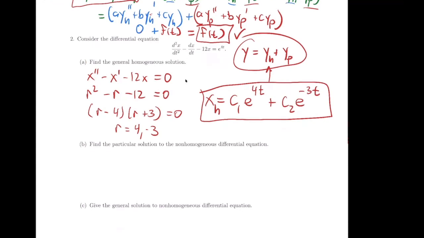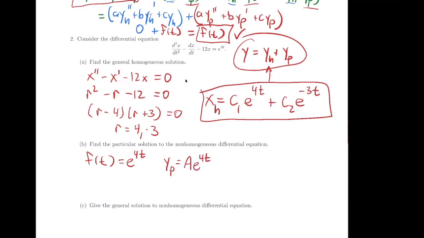And then we've got f of t is e to the 4t. So based on that, what might be a good initial guess here? The first thing I would probably guess is A e to the 4t and then check for resonance.